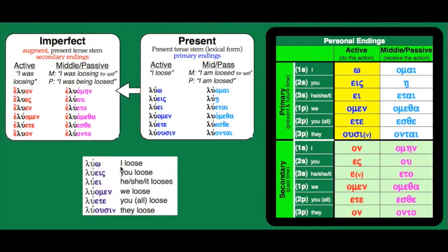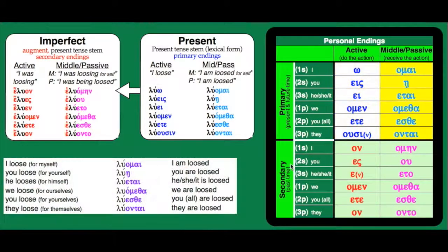You have to use pronouns. I, you, he, she, it, we, you, they. You have to use these pronouns in English. Otherwise, you wouldn't know the person and number. In Greek, you don't need the pronoun because the person and number is embedded in these personal endings. Pretty slick, eh? Look with me now at the primary middle passive endings.